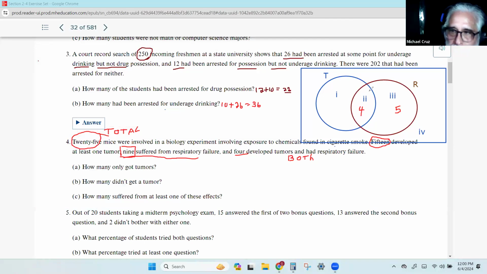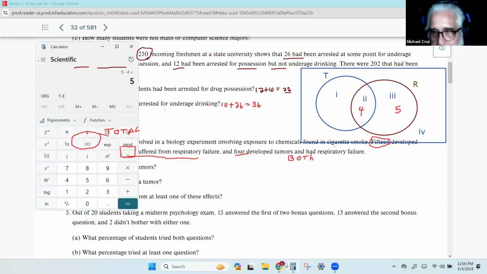So this is the tumor section. We need 15 in there. We've already got 4. Again, calculator. So 11. And that's all the numbers that we got.